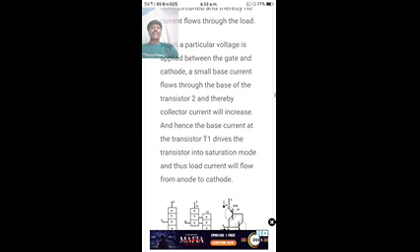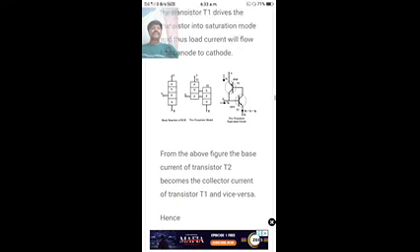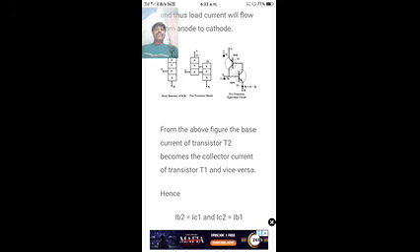Thus the load current will flow from anode to cathode. From the above figure, the base current of transistor T2 becomes the collector current of transistor T1, and vice versa.